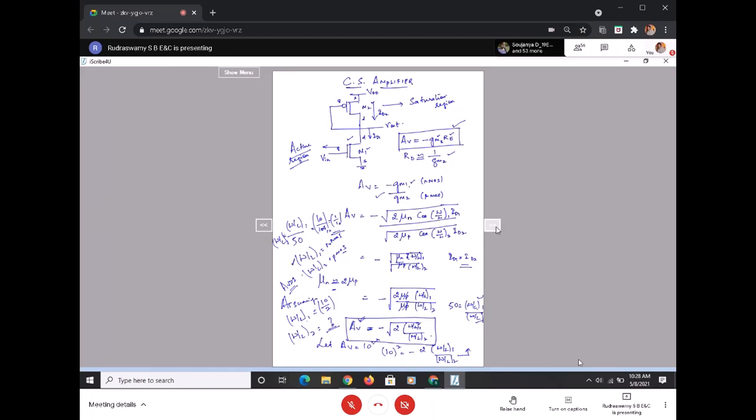Better you choose the NMOS transistor, you will get what is your PMOS transistor W by L. So in your electric circuit, you should take one NMOS that is already given over here, and then the PMOS, and you draw accordingly the circuit. Then in the parameters, for the M2 transistor, you have to ensure that width and length that you calculated and got, and similarly you have to put the values of W by L of this M1 transistor.